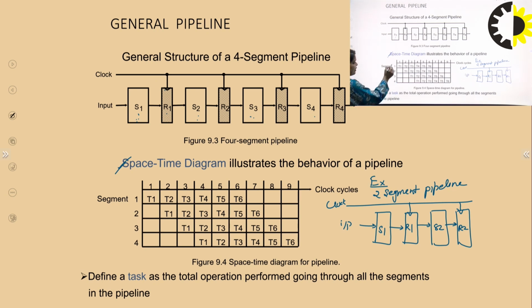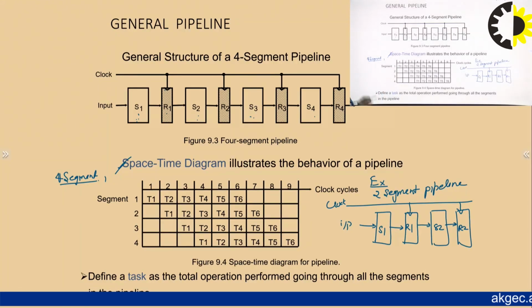Suppose, let's take, there is a 4-segment pipeline. Suppose in the question, there are 4 segments, and this 4-segment pipeline has 6 tasks. So you have to calculate, for a complete execution of the 4-segment pipeline, what will be the time? The time will be calculated by the clock pulses.